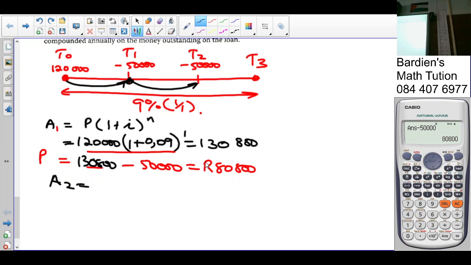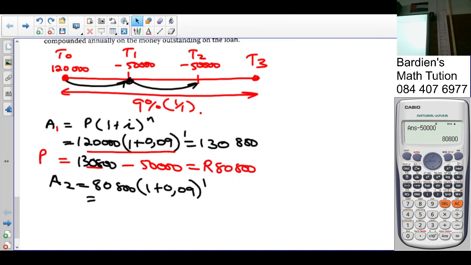What's the principal at this point? 80,800 into 1 plus 0,09 to the exponent 1. So that gives us 88,072 rand. Not so?